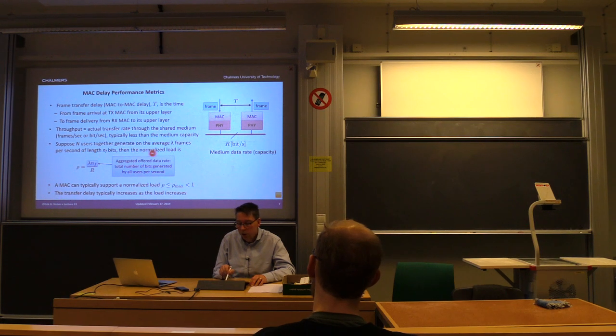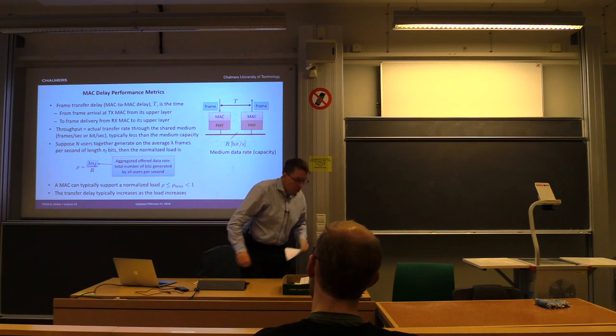Then the normalized load on the physical medium is the ratio between the number of bits per second that we would like to transmit divided by the number of bits per second that the medium supports.